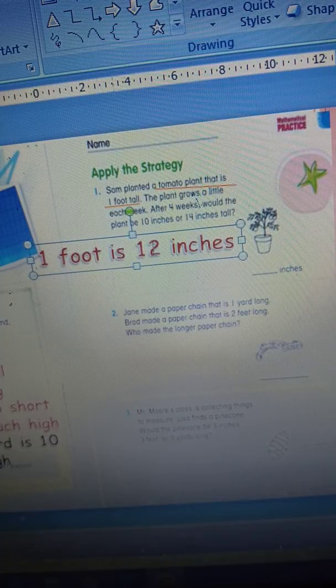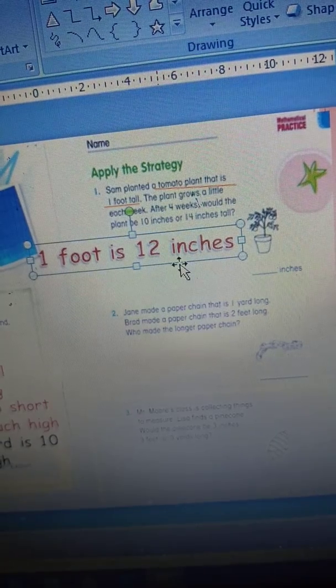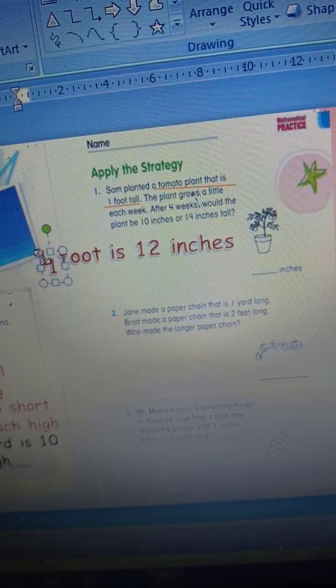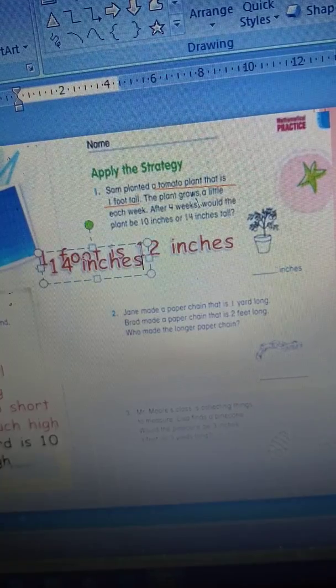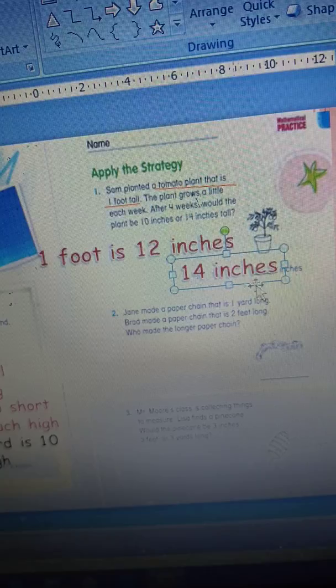So, after 4 weeks, would the plant be 10 inches or 14 inches? Yes, very good. The 14 inches. Because we already know that the plant is 12 inches. So, after a week, it grows a little, right? So, it is 14 inches.